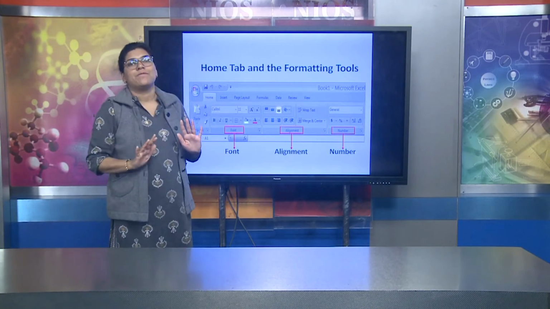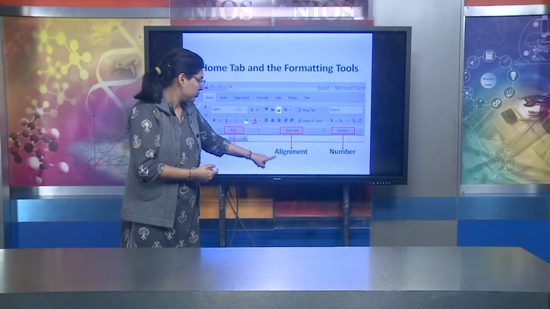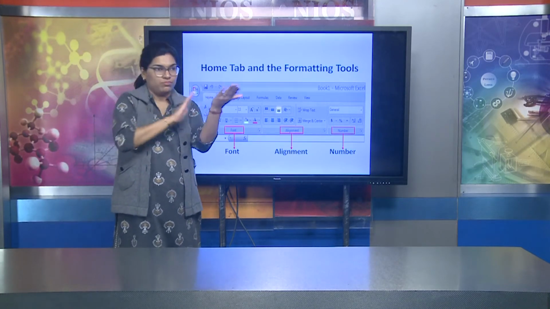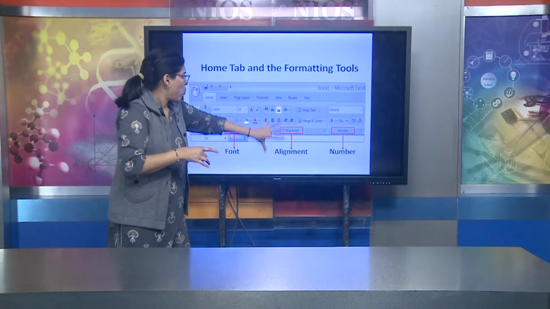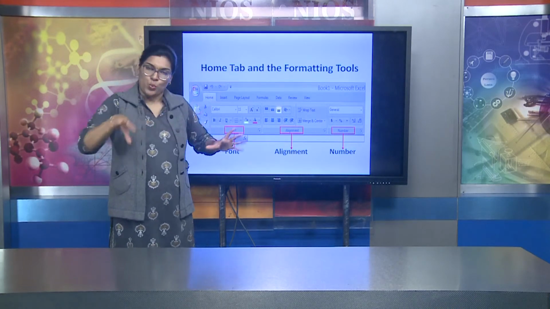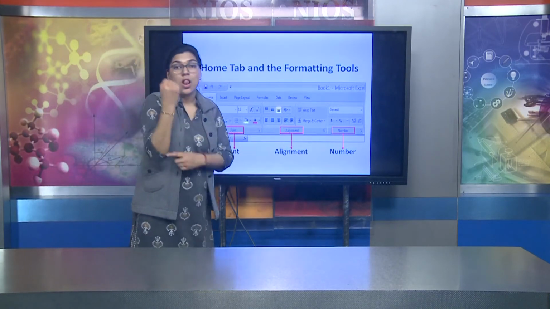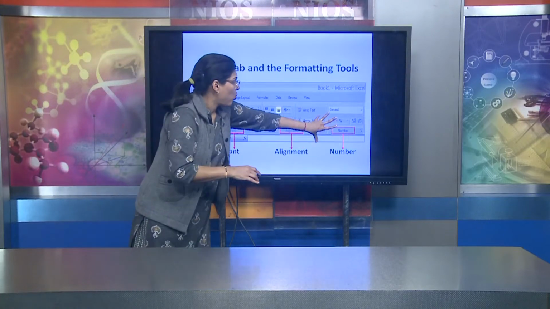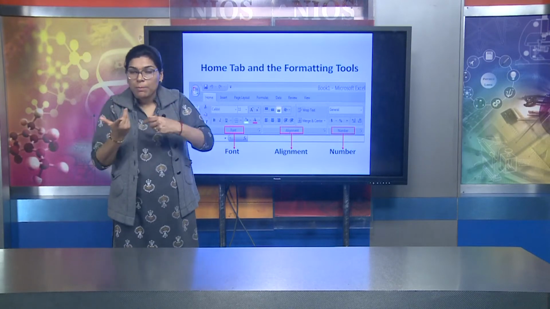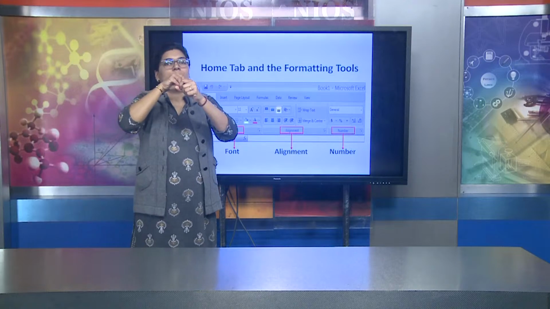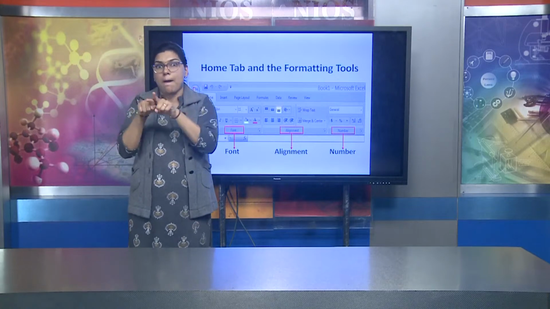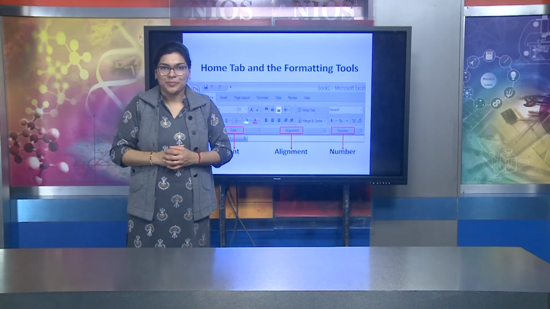In the lesson, it is in depth. Second, alignment. Alignment is where you want the text on the right side, on the left side, or in the center. Last, number. Number is related to exercise, money, time, etc. These are the three parts in the Home tab and the formatting tools.